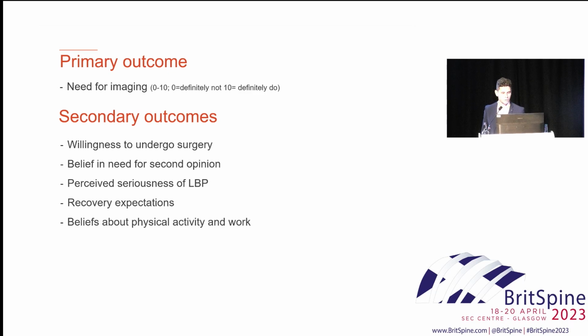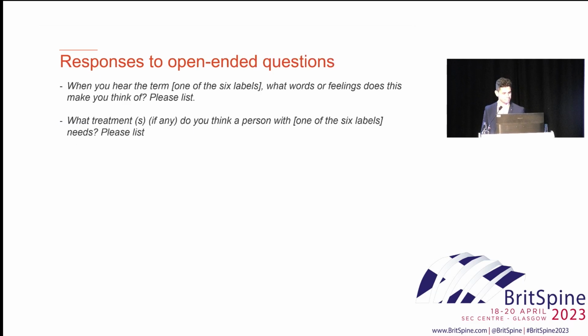So we looked primarily at the outcome of need for imaging. The reason for that is that most guidelines now discourage imaging for uncomplicated back pain, unless they're obviously suspicious of serious pathology. We had a range of secondary outcomes, including willingness to undergo surgery, belief in the need for a second opinion, perceived seriousness of back pain, recovery expectations, and beliefs about physical activity and work.